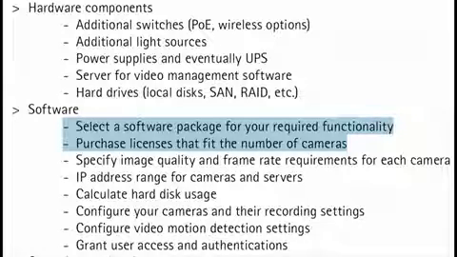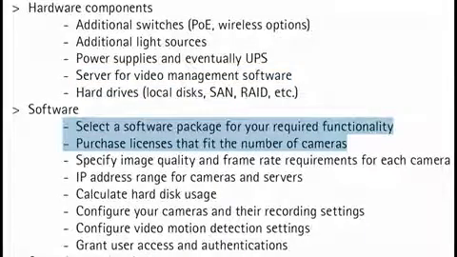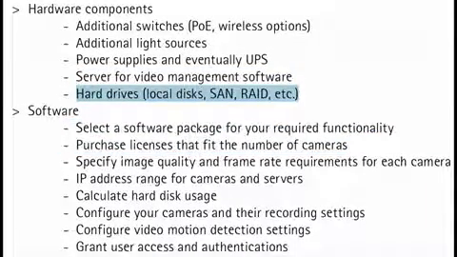Some video management software manufacturers also charge an additional recording server license. So what they are recommending in this design guide is to buy a central server, video management software licenses for each camera, and then to also purchase attached network storage. Notice they recommend RAID or SAN for the archiving of the video once processed at the video server.